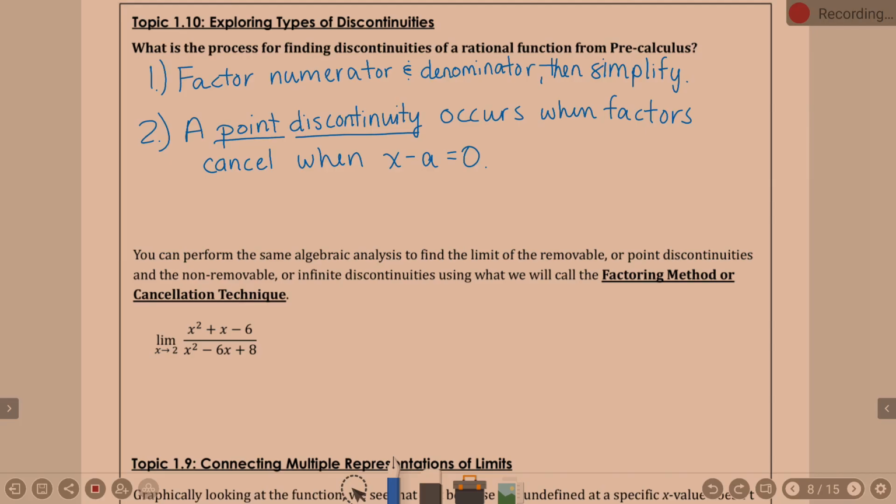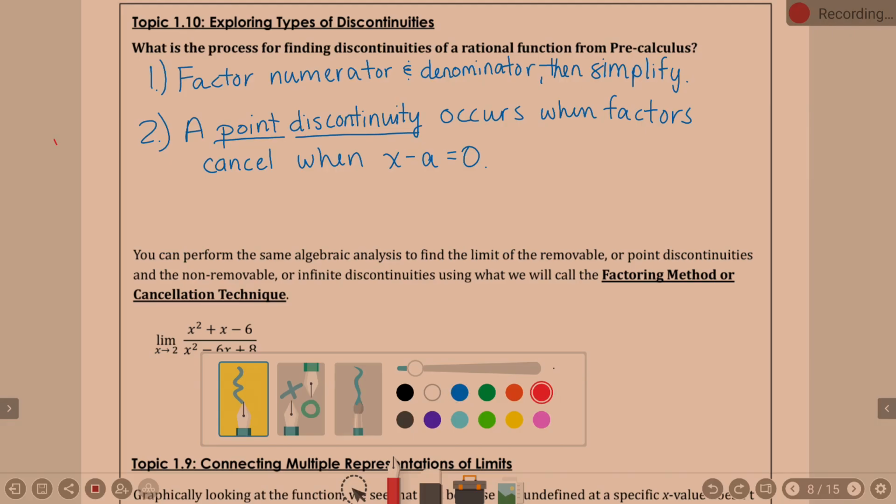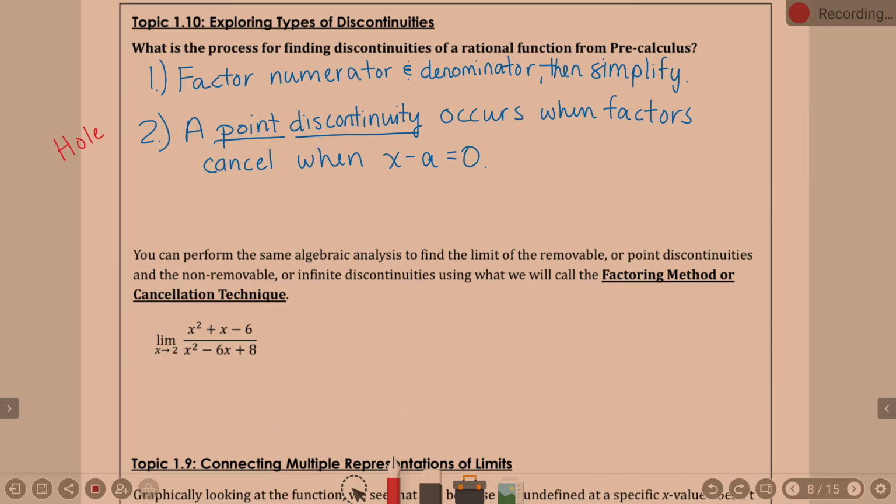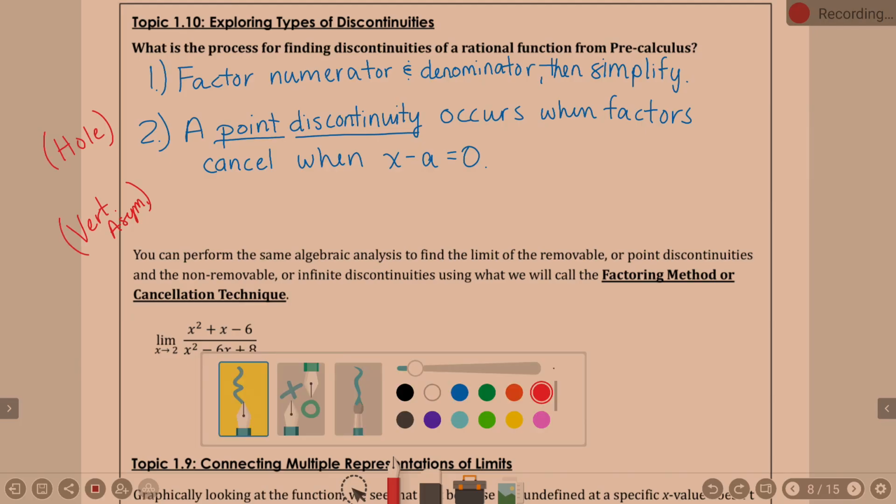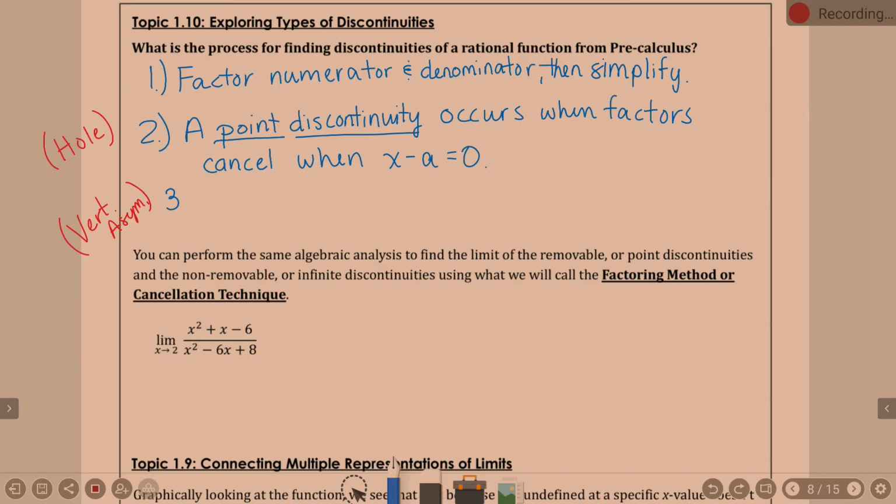The other option you have, and actually, you might want to put, what was this one? This one was your hole. The other one we're going to do is a vertical asymptote. So you have that physical reminder. But this is a non-removable discontinuity.